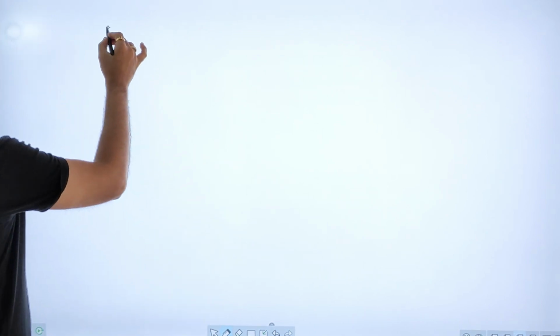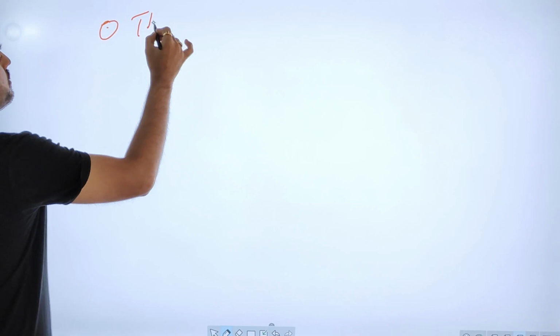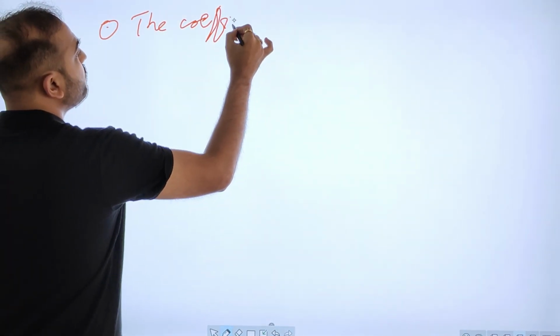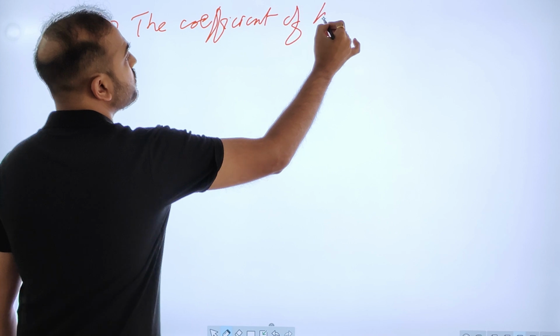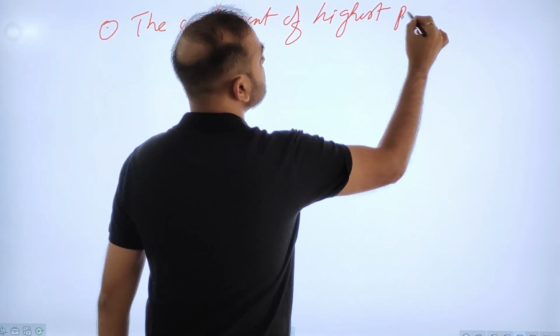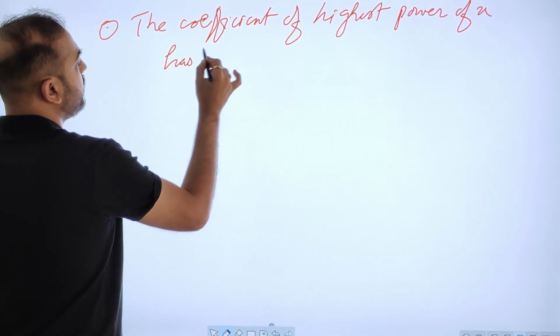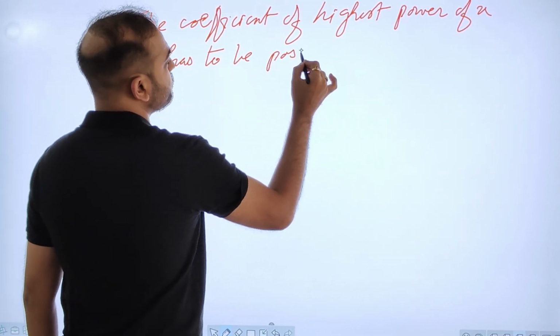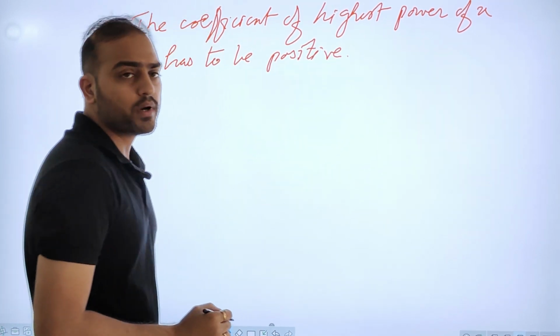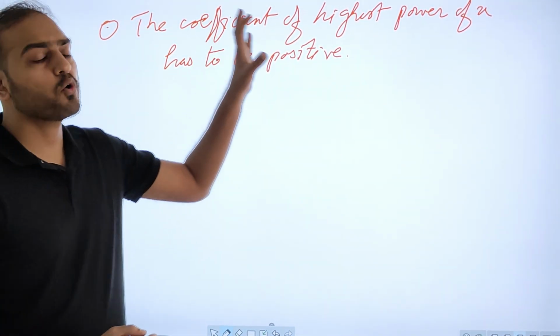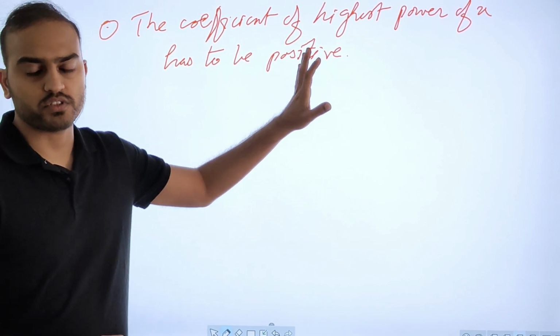Let me give you simple pointers to remember. Whenever you are solving a quadratic or higher order inequality, what are the steps you can follow to solve the question quickly? Step number 1, make sure the coefficient of the highest power of x is positive.